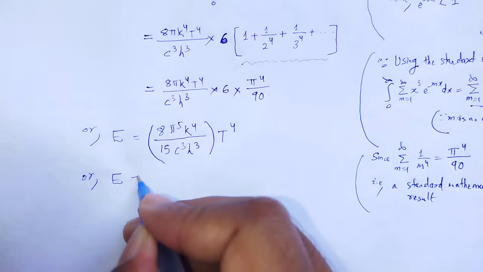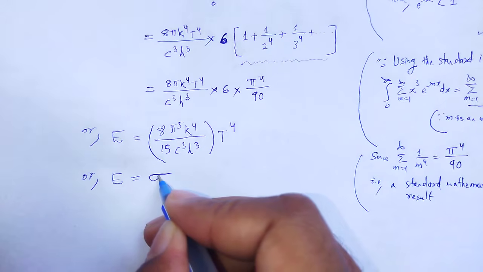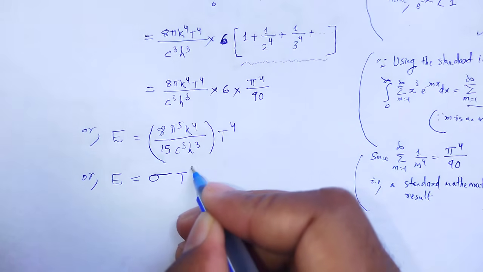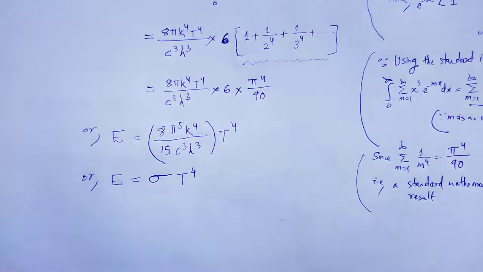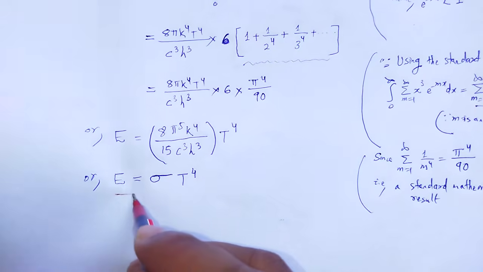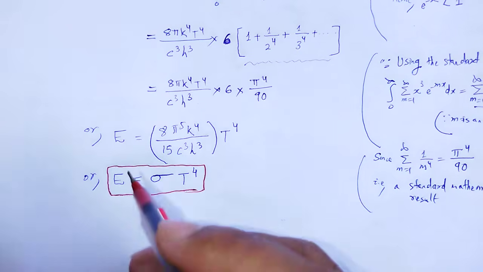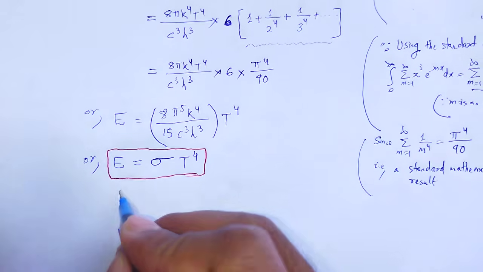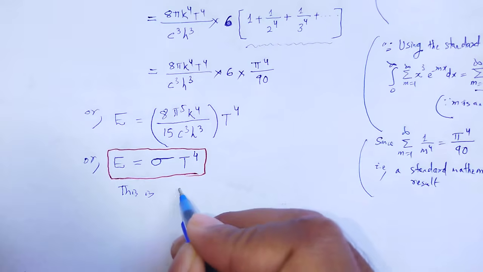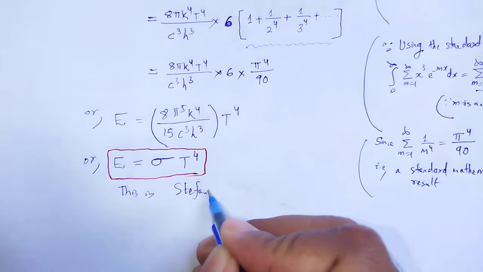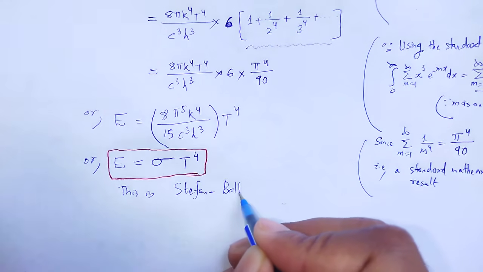All such constants together are the Stefan-Boltzmann constant sigma, so E equals sigma T to the power 4th. So, we derive Stefan-Boltzmann's law from Planck's law. This is Stefan-Boltzmann's law.